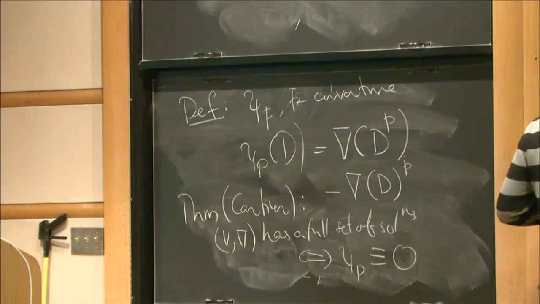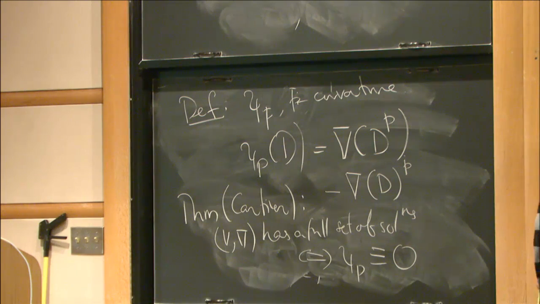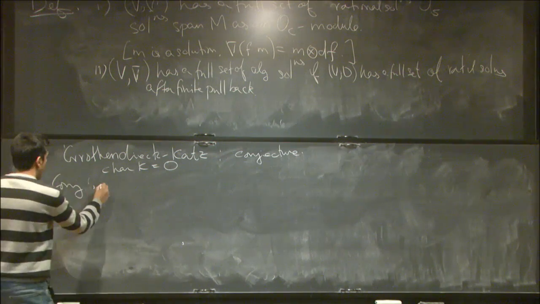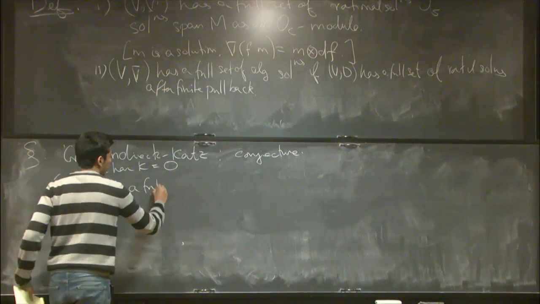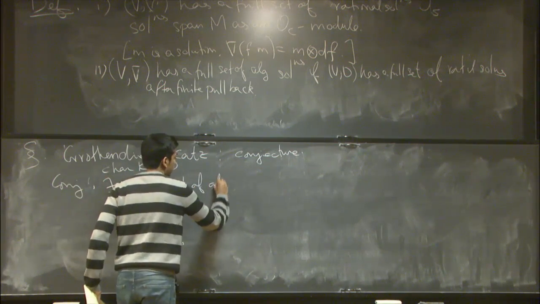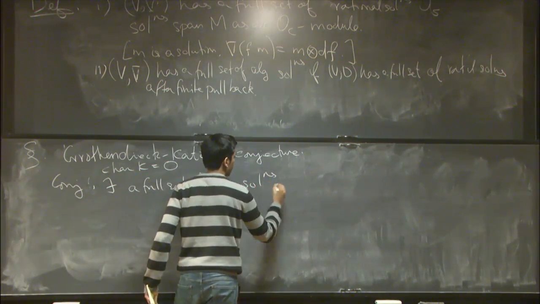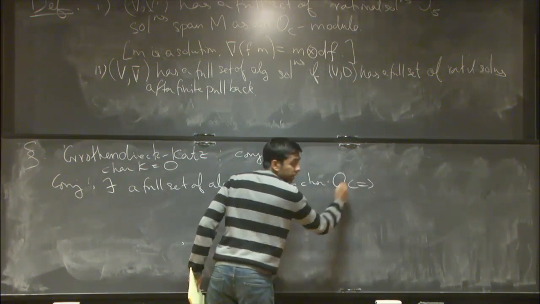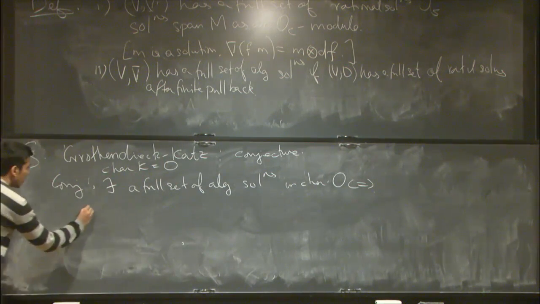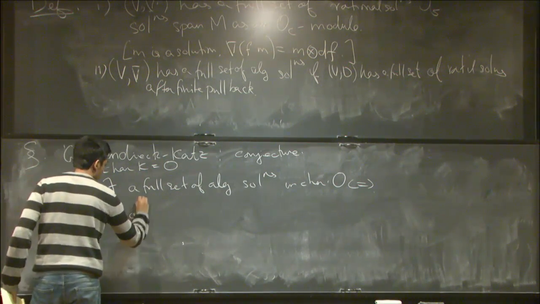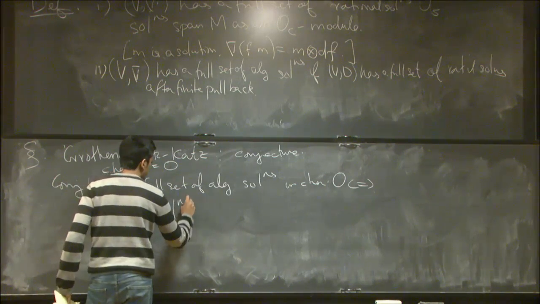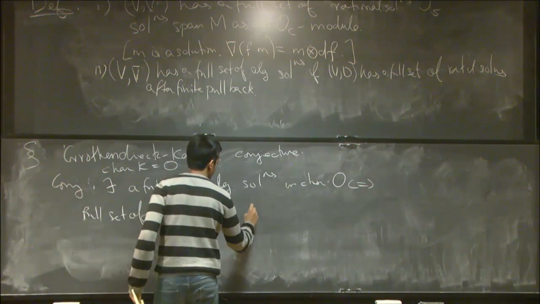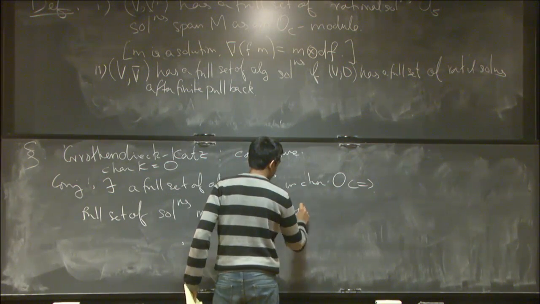Now we're going to assume that the characteristic of k is 0. Let me write that over here. And the conjecture says that if you have a full set of algebraic solutions in characteristic 0, that is the same as saying that you have a full set of solutions mod p for almost all primes p.